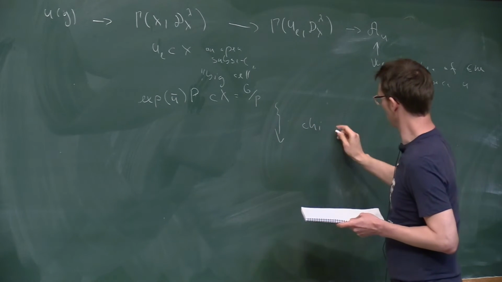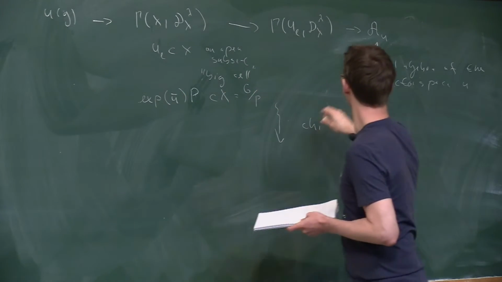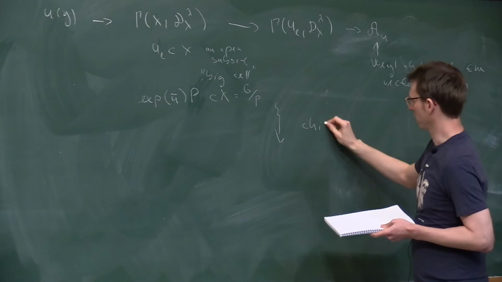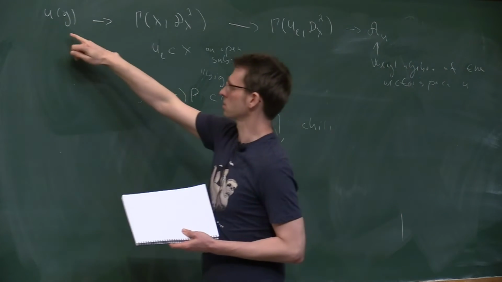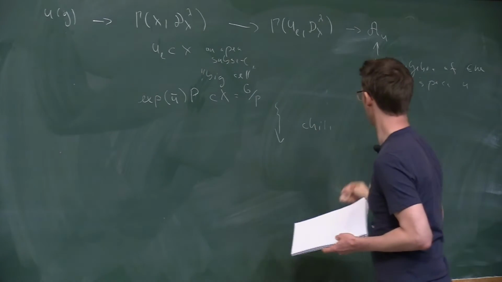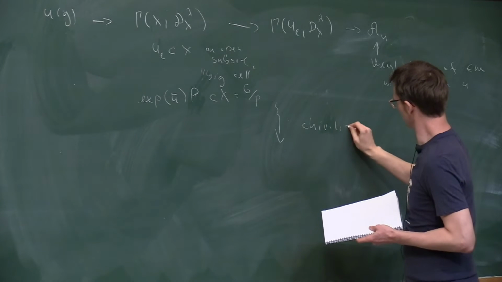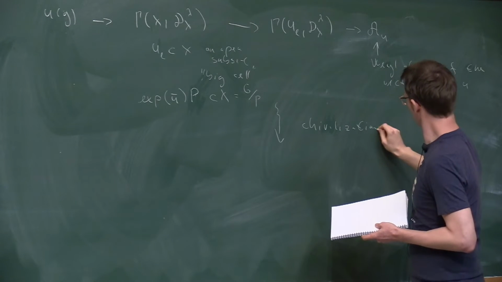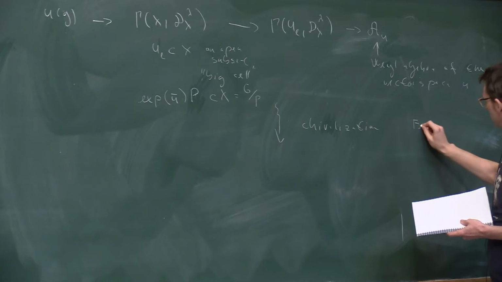And now, if I have a mapping going from the universal enveloping algebra to the Weyl algebra, I can do chiralization. So I can suppose that these are some zhu algebras of some vertex algebras. Well, in fact, it was done by Feigin and Frenkel.